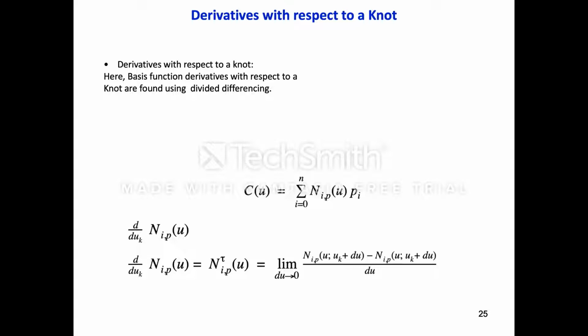For the following, if we take a curve, we get the right derivative of the following function, which is the limit as du tends to 0 of N_{i,p}(u) at u_k plus du minus N_{i,p}(u) at u_k plus du, over du.